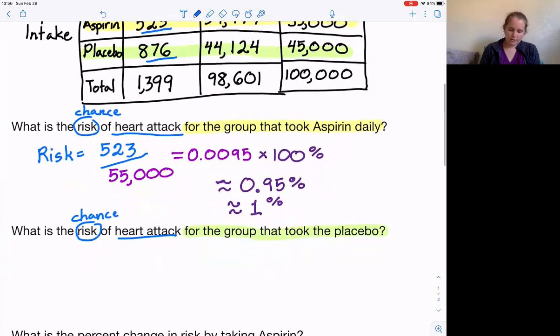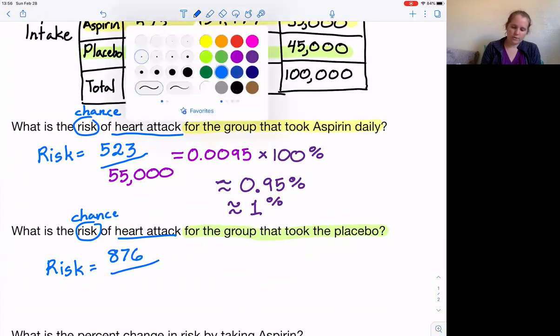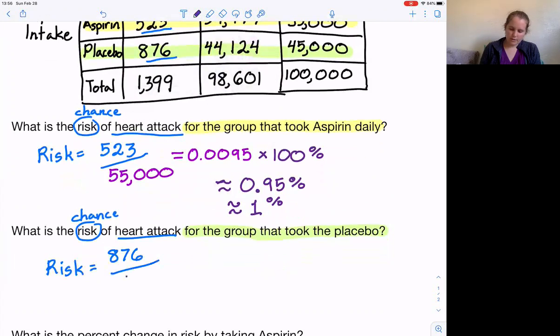So for our risk, we are looking at 876 out of the 45,000.